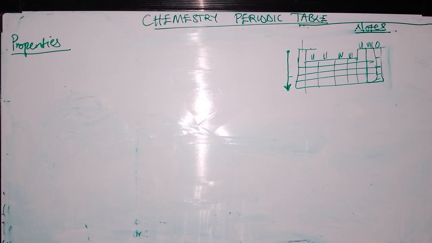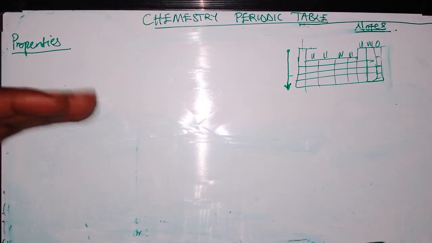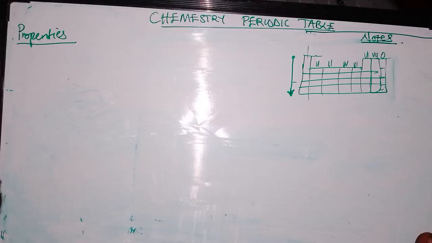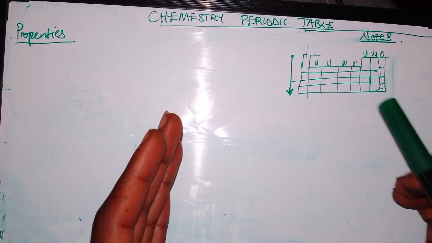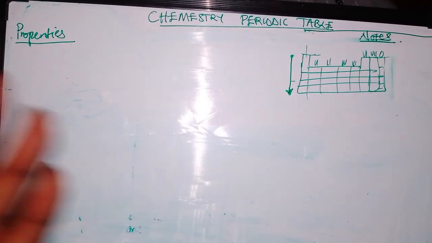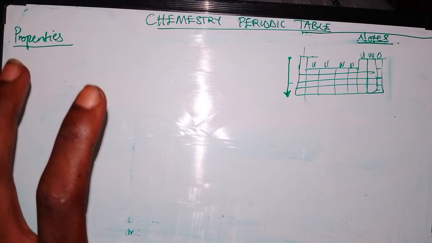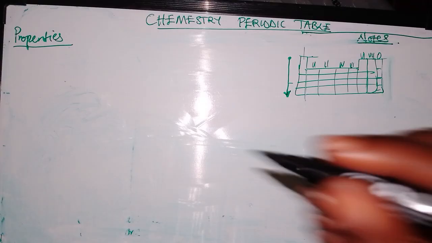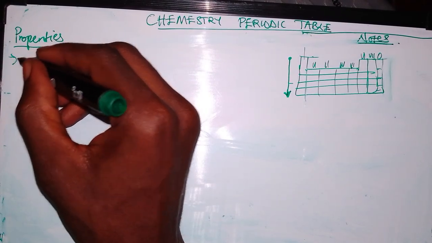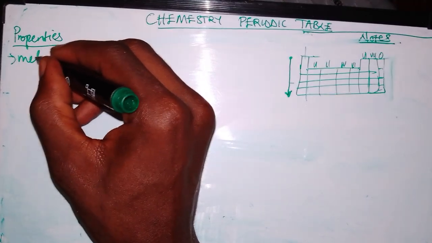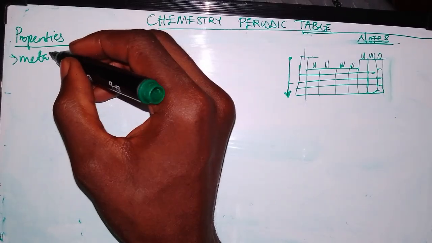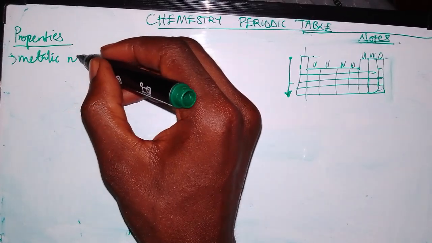So whatever I'll be talking about, these properties, they'll be applying to each group as you move going down. These are the general properties. So the first property is metallic nature increases.